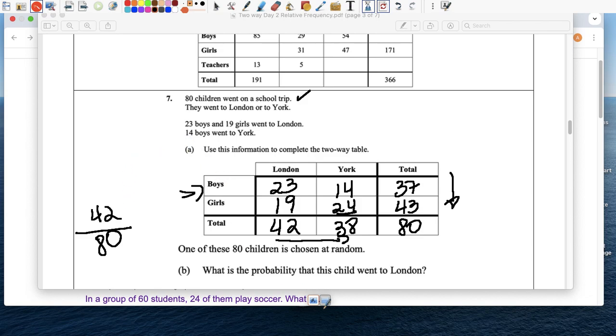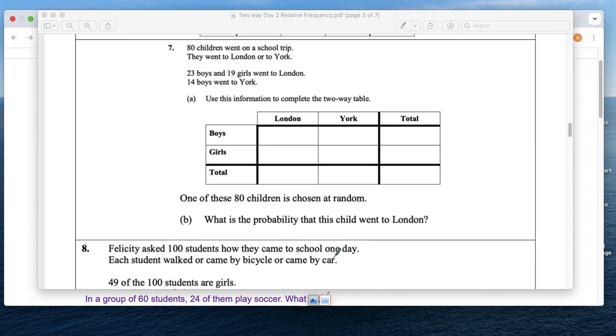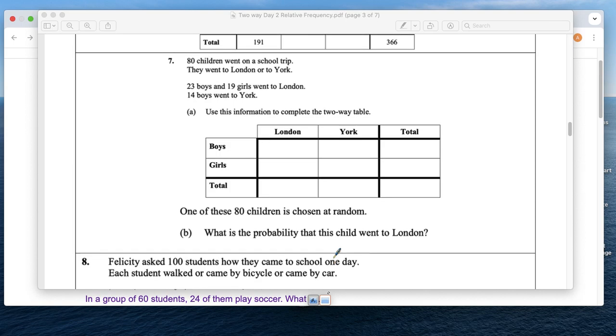Okay. Hang on a second. John, write the table right here.